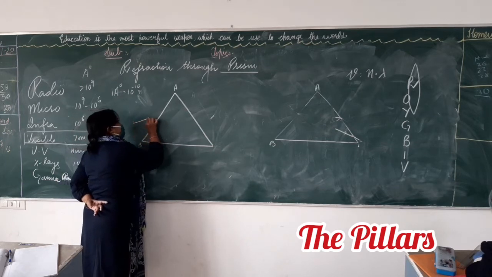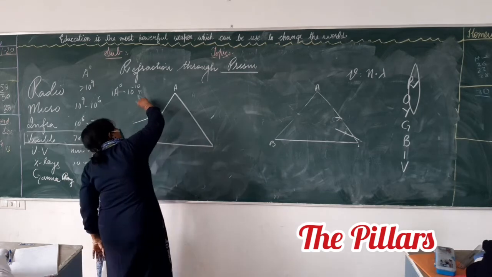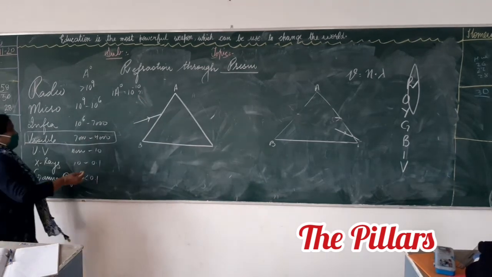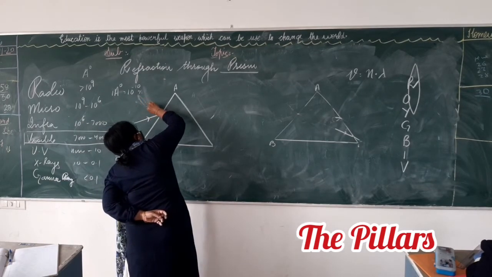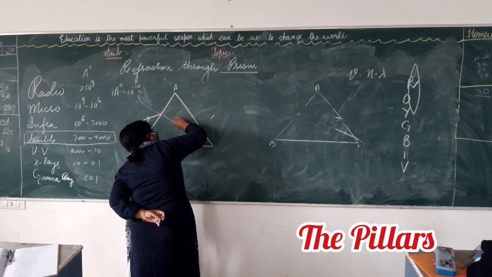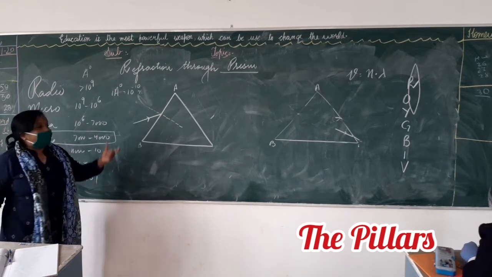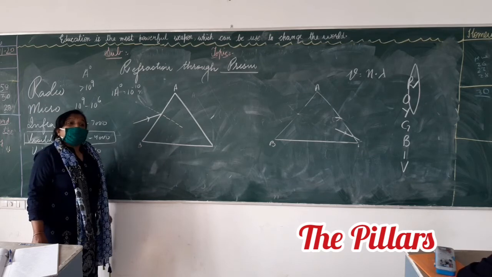This is your incident ray. Then what will you do? You will draw the normal from here. Keep doing it simultaneously with me. Draw the normal from here. So you know everything. Light rays are traveling from rarer to denser. What will happen?